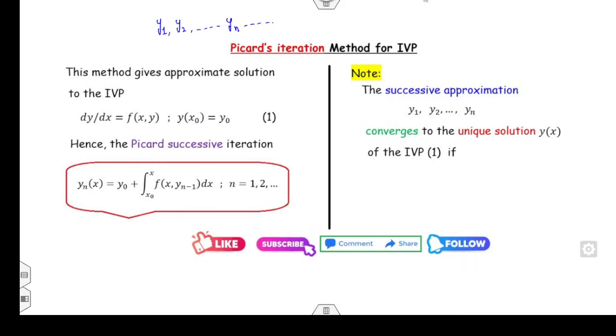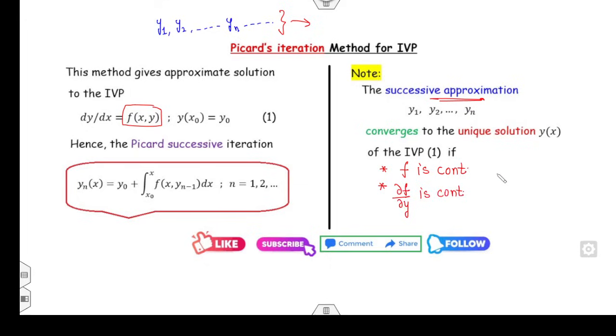fine. Now the question arises whether these successive approximations converge to the unique solution or not. If they converge to the unique solution, then under what condition? There are two conditions. The first one is whatever function f you have, that must be continuous. And second, the partial derivative with respect to y is also continuous.